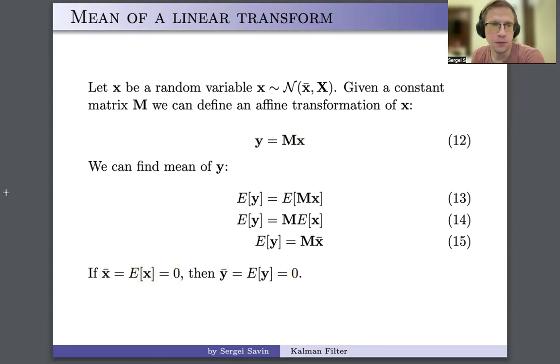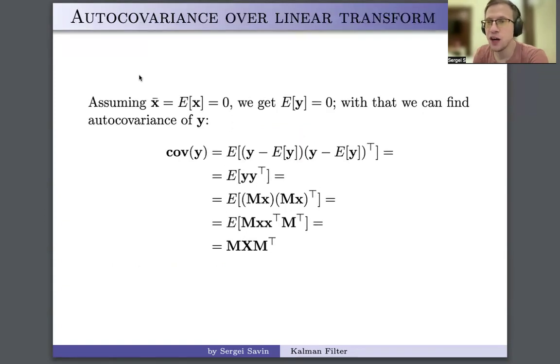Okay, so far I think it's kind of easy. What about autocovariance? That sounds a little bit more challenging, right? So let X bar be equal to 0. Okay, so we have zero mean. Just for simplicity, we don't have to make this assumption, but it is going to make the mathematics much easier.